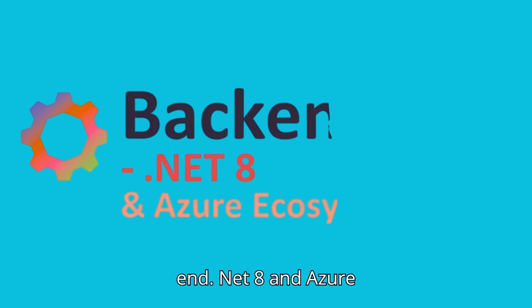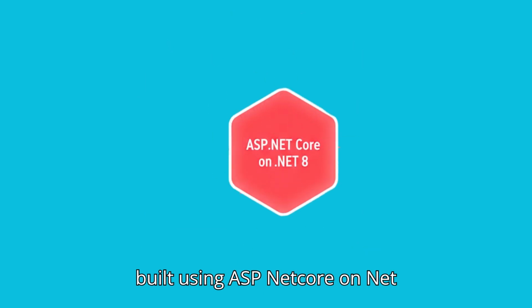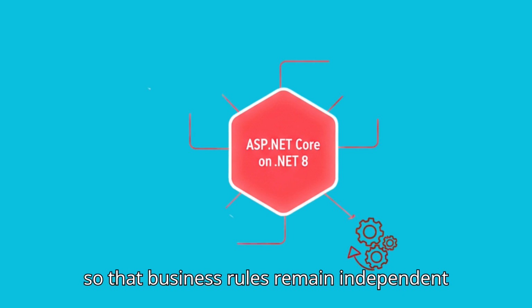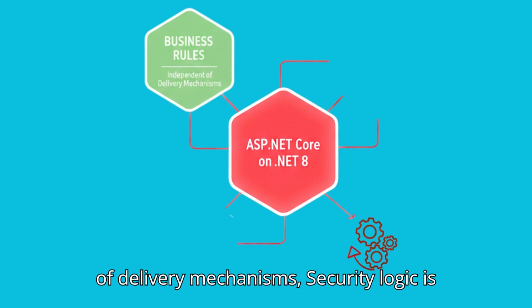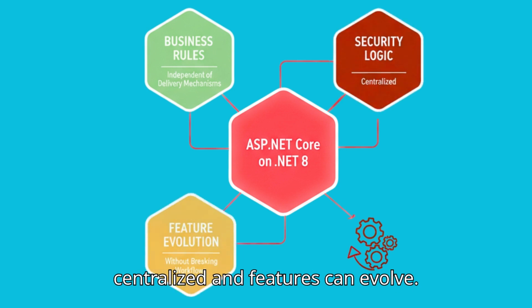Backend, .NET 8 and Azure ecosystem. All critical logic lives on the backend. The server is built using ASP.NET Core on .NET 8, following clean architecture principles, so that business rules remain independent of delivery mechanisms, security logic is centralized, and features can evolve without breaking existing workflows.